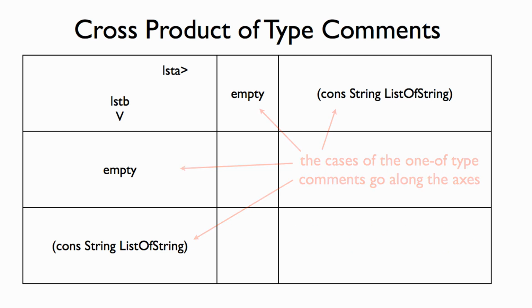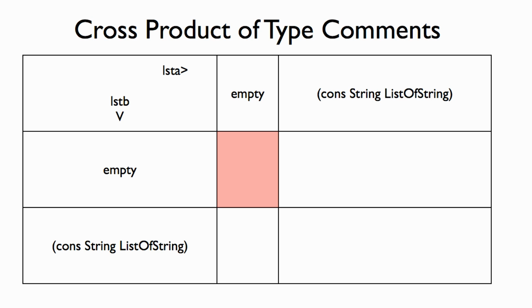And now let's see, what is this table telling us? Well, this case here, the empty case, that's the case where both lists are empty. It says list A is empty and list B is empty. This table, in some sense, in this box, is where we're going to talk about both lists being empty.